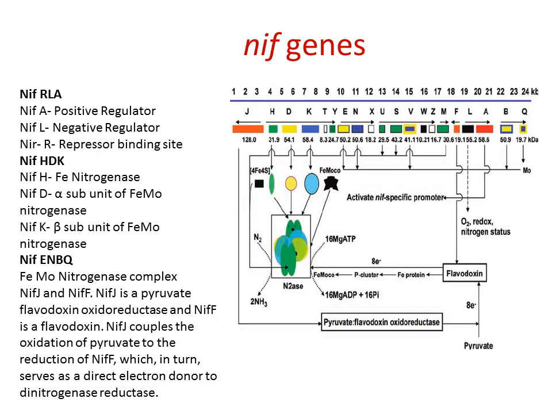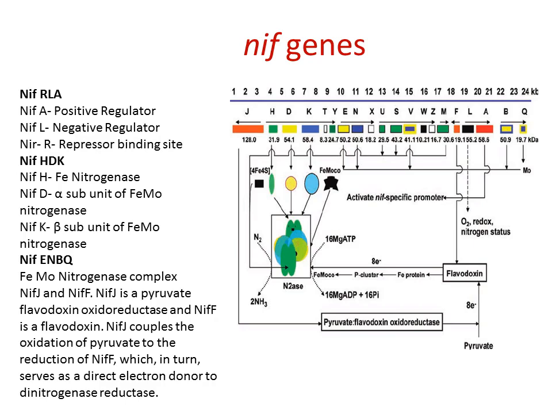Once again, the main function of the NIF-J gene is to produce the enzyme pyruvate flavodoxin oxidoreductase. This enzyme oxidizes pyruvate and at the same time reduces flavodoxin by transferring an electron to flavodoxin.